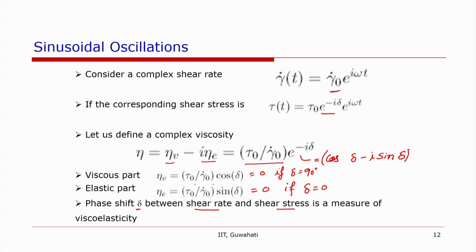This analysis can also be done in a different manner if one considers strain gamma(t) equal to gamma naught e to the power i omega t. Then one can define a complex modulus, which is the ratio of stress to strain, and it will also have components.